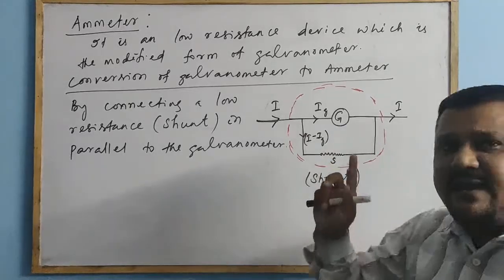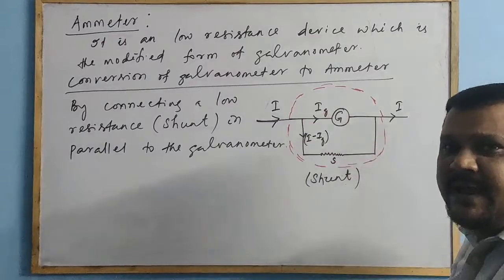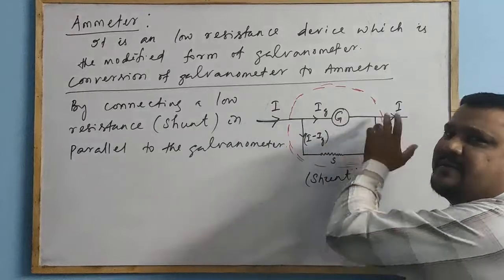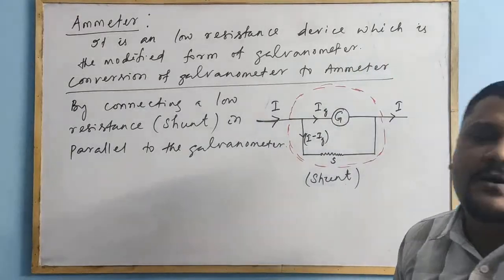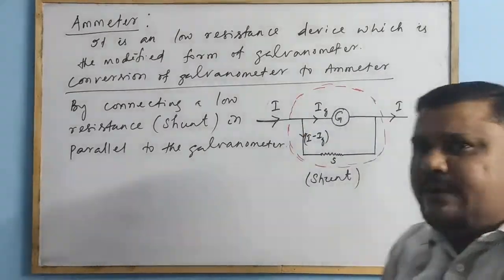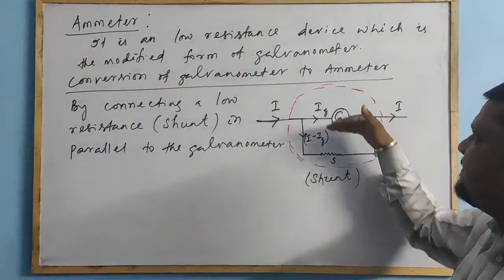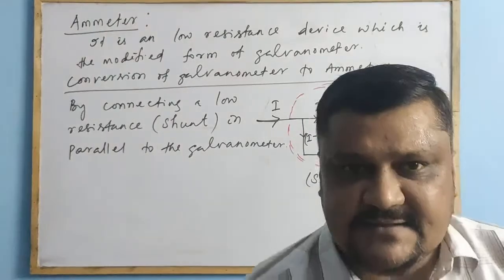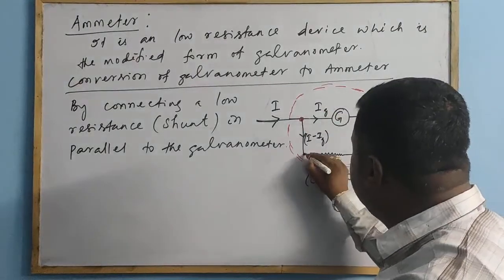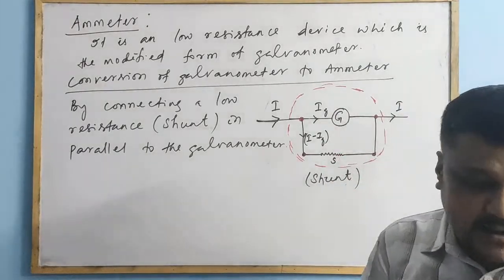So by connecting it in parallel, now it is clear why it is connected in parallel: most of the current will pass through the shunt. If it is connected in series, then the same current will pass through the galvanometer and shunt, and the galvanometer will be damaged. Clear? Now the potential difference across this galvanometer and across this shunt is the same, because they are in parallel. Between these two points and between these two points, the potential difference is the same.